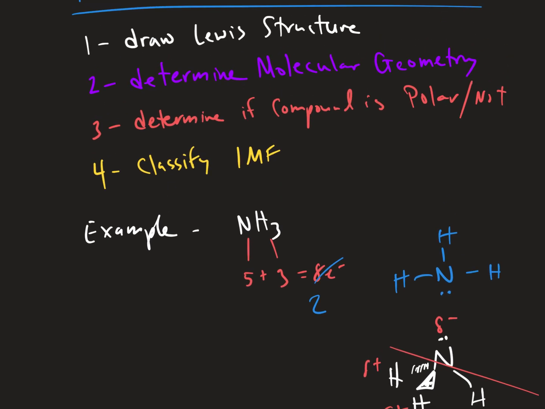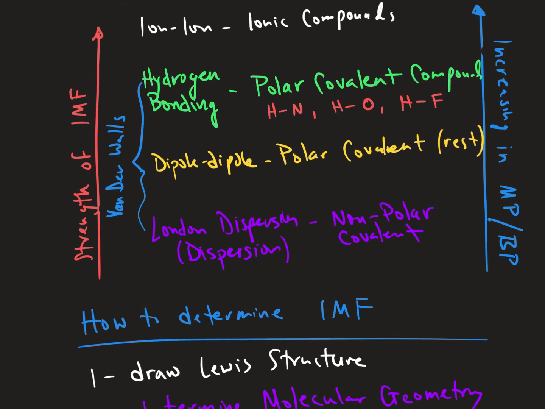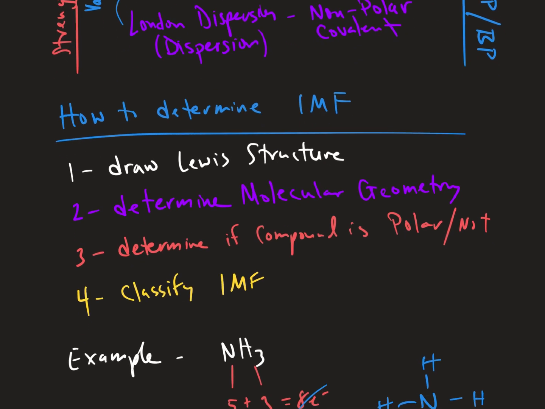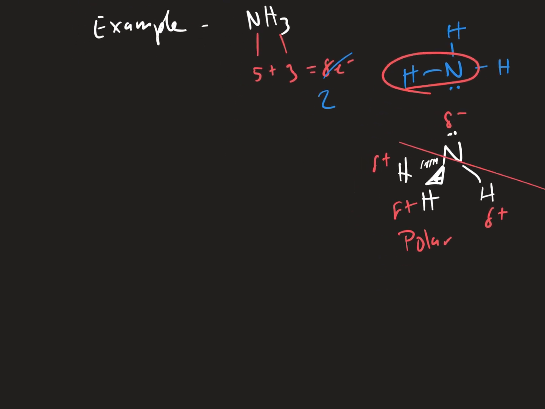Now we got two options. Dipole-dipole or hydrogen bonding. What is it? Hydrogen bonding because hydrogen is directly bonded to nitrogen. Directly. So for example, if I had, let's say, a compound that looks like this.